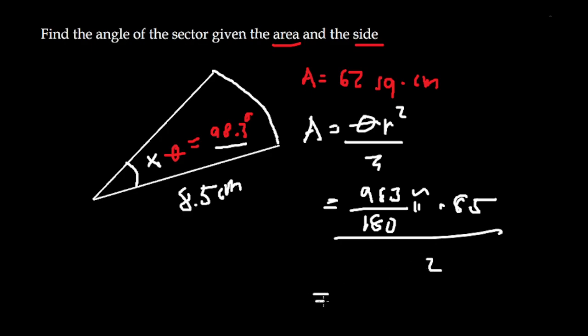So take your calculators and let us evaluate. 98.3 over 180 pi times 8.5 squared divided by 2 is 61.9.